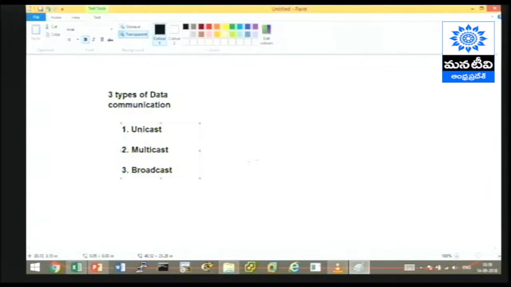So what is the difference between these 3? Unicast is data communication from one computer to another computer. And multicast is data sent by one computer to a group of computers.